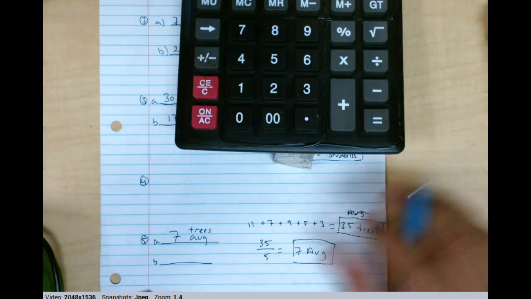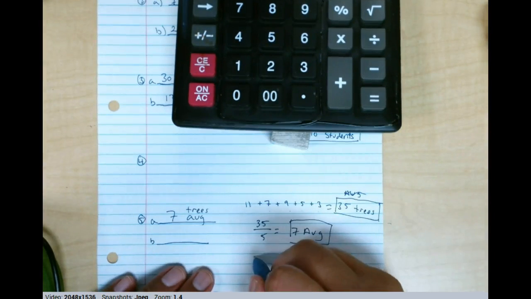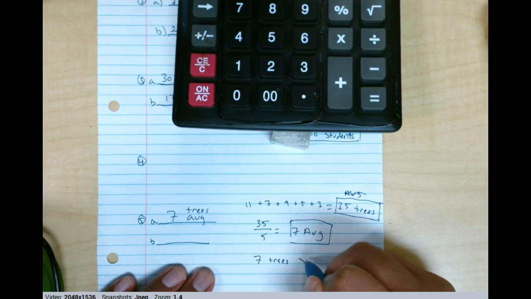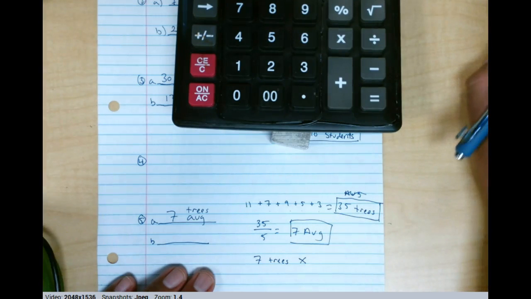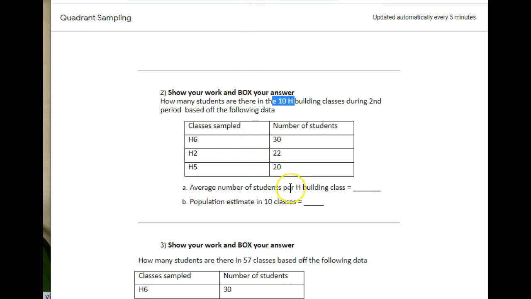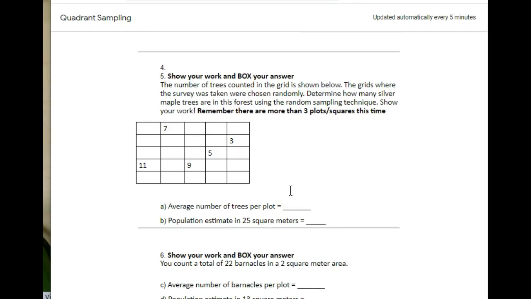Like so. All right, so now we take the average of 7 trees times how many total squares. So we need to go back and take a look. All right. So in this case, how many total squares are there? So there's 1, 2, 3, 4, 5, 6, 7, 8, 9, 10, 15, 20, 25. So an estimated 25 square meters.